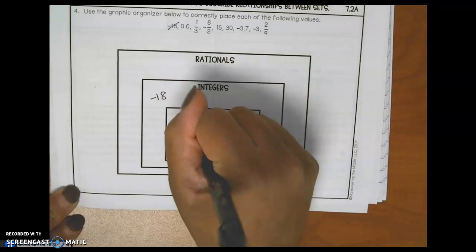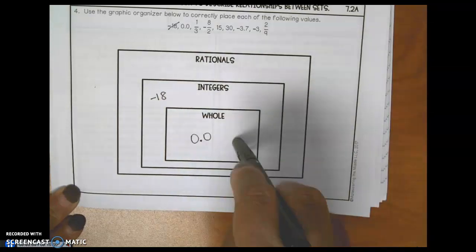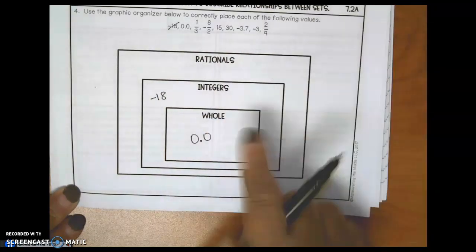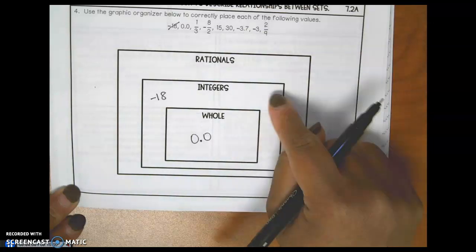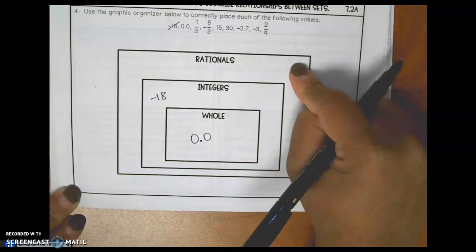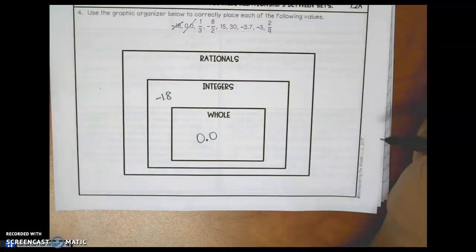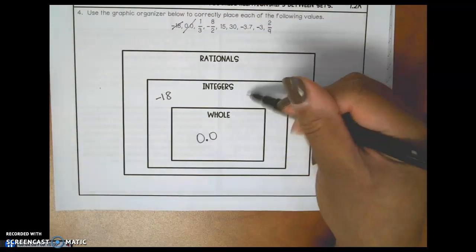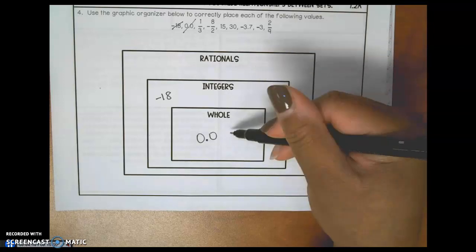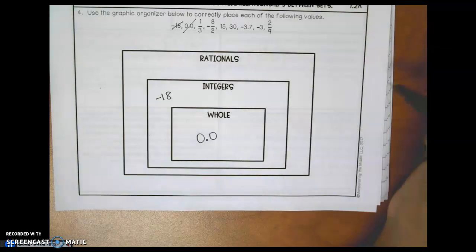And whole. It's just whole. But remember, if it's in the whole box, it's also in the rational box. Because this tiny box is inside this middle one, and it's inside the large one. Okay, so that also would be rational? It is rational, and it is an integer, and it is whole, but it originates here. Remember, I want to talk about where they originate, so where they start.